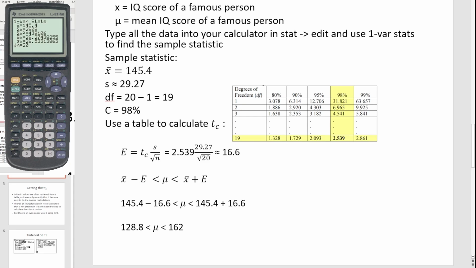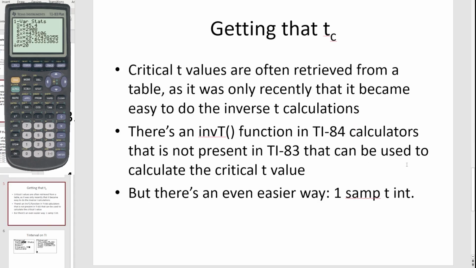Now, as far as finding these t sub c values. Again, these critical t values are often retrieved from a table, as it was only recently that it became easy to do these inverse t calculations. There is an invT function in TI-84 calculators. It's not present in TI-83 calculators.